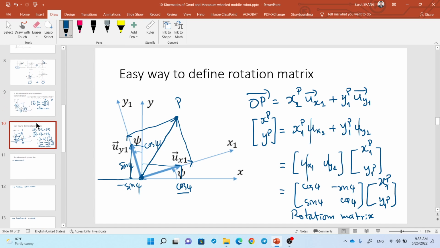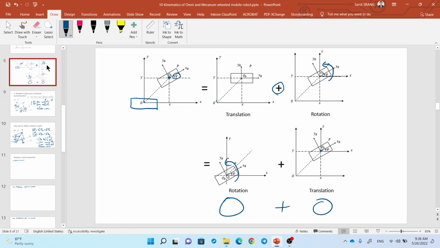So let me rewrite here for this one. Let's say we want to find a point P virtually attached or physically attached on a robot. So the coordinate of this point P, we say HP, YP, equals... Now we also have translation from O to OB.